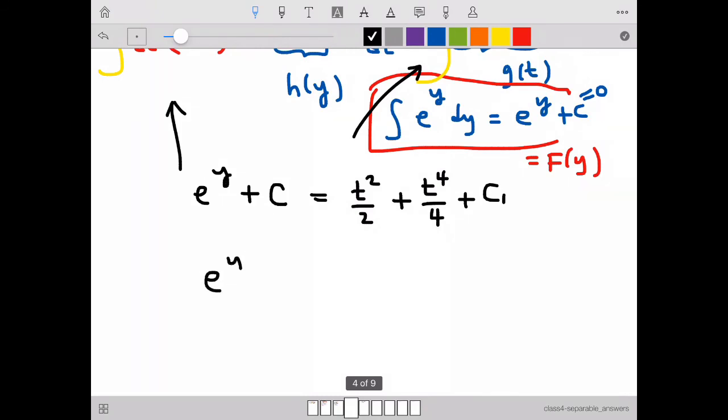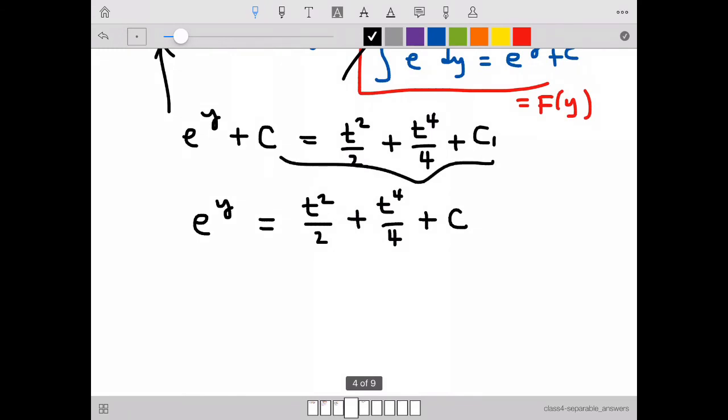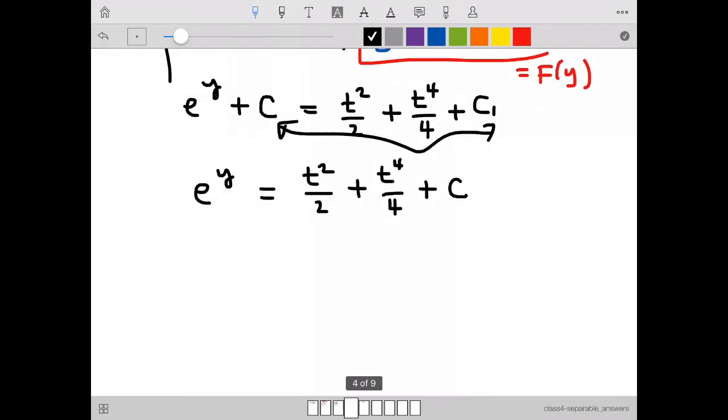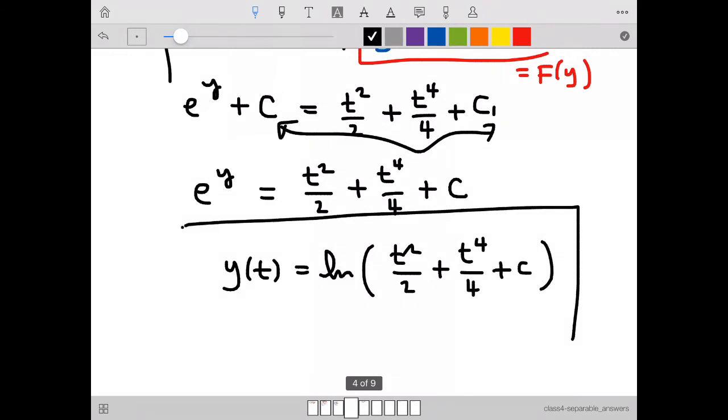So e to the y is t squared over 2 plus t to the 4th over 4 plus arbitrary constant c, which combines c and c1. Okay, and then we can solve for y. y of t is ln of t squared over 2 plus t to the 4th over 4 plus c. Okay.